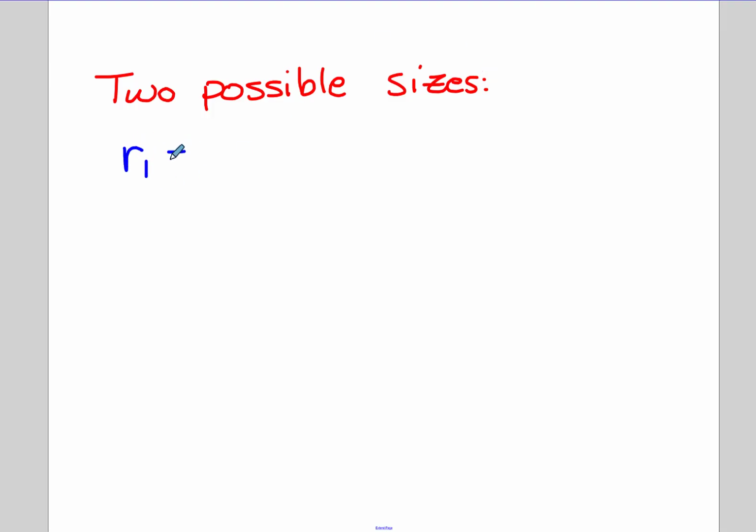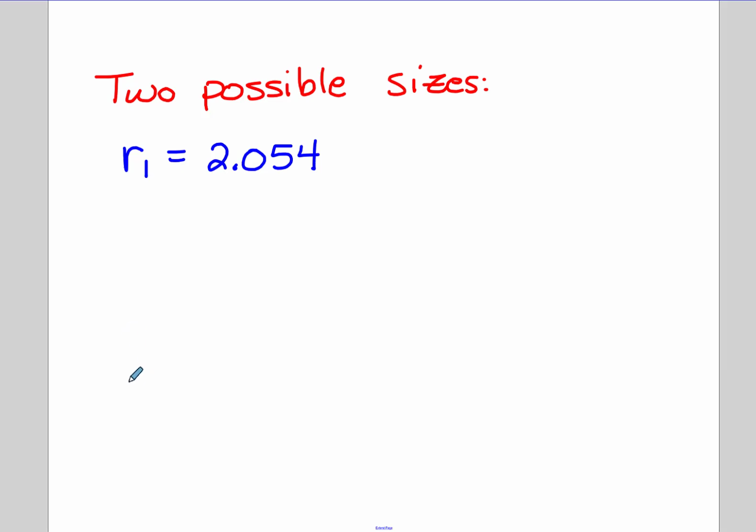So there's two possible sizes, two possible cans. One can be tall and skinny, and the other one can be short and fat. So two different sizes. The first one had a radius of 2.054.